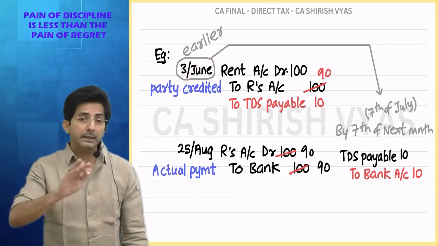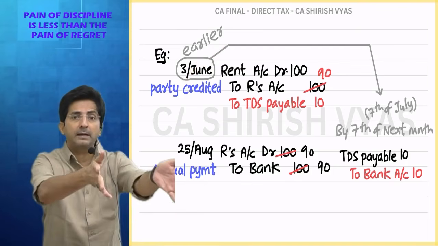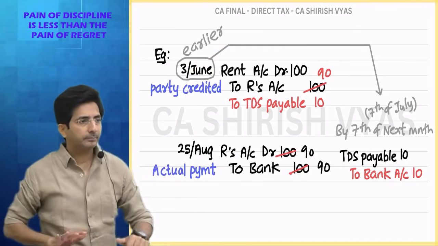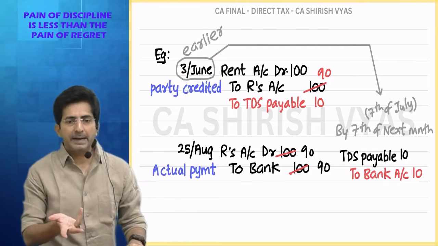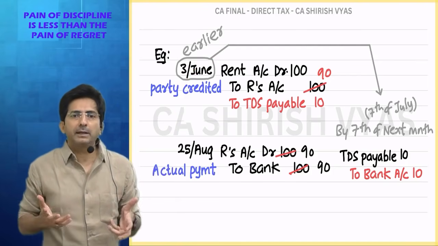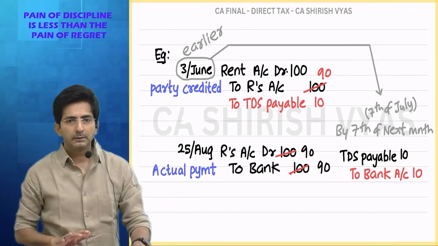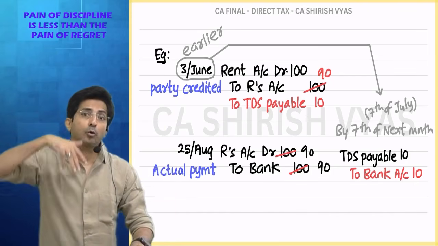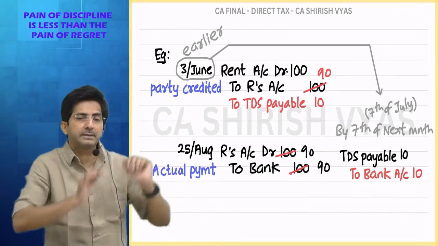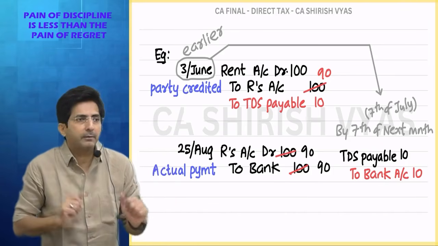Now see, in case it happens like this, before the rent accrues, I made advance payment. It might happen that I am having so much money that I felt I will pay future rent also in advance. So the rent which will accrue in future, if I make the payment in advance, then TDS will also come in advance.